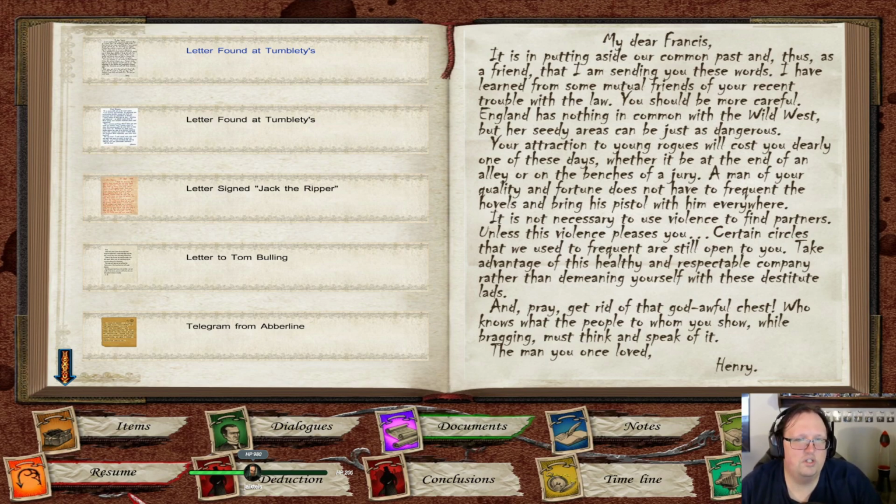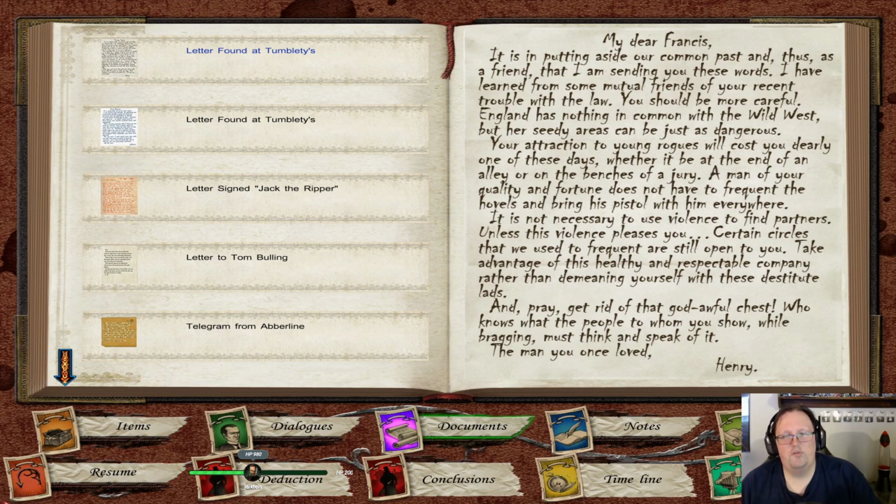A man of your quality and fortune does not have to frequent the hovels and bring his pistol with him everywhere. It is not necessary to use violence to find partners, unless this violence pleases you. Certain circles that we used to frequent are still open to you. Take advantage of this healthy and respectable company rather than demeaning yourself with these destitute lads. And pray get rid of that god-awful chest. Who knows the people whom you show, while bragging, must think and speak of it. The man you once loved, Henry.